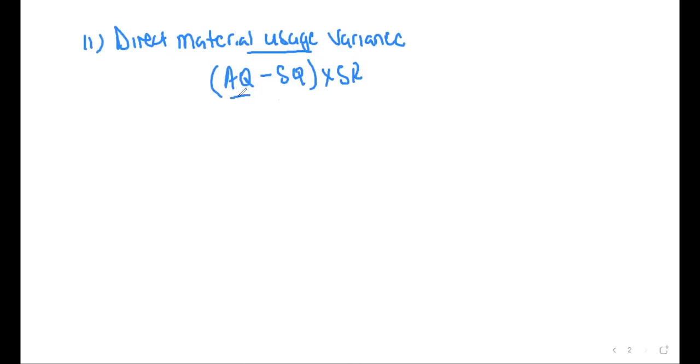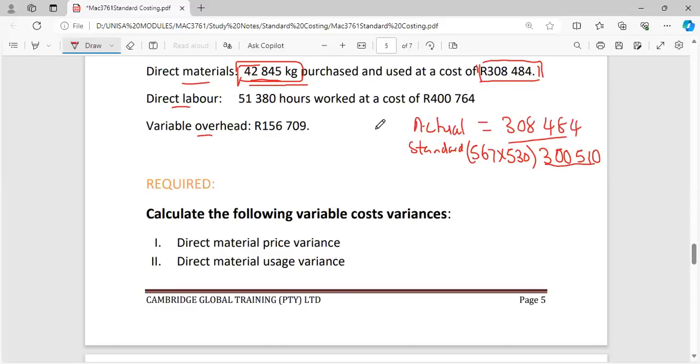So what is going to be our actual quantity here? Which actual quantity are we going to use here? We are using the direct material. Are we not going to check this one?